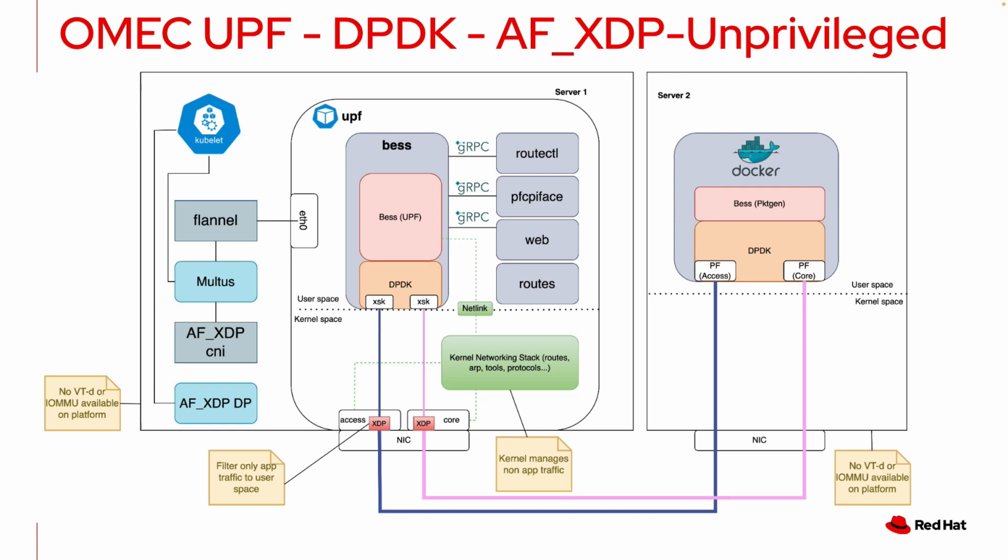Within the context of the AFXDP device plugin and the AFXDP CNI, we did all the BPF program management on our own. Additionally, when the DPDK pod came up, it connected back to the AFXDP device plugin over a Unix domain socket and performed a handshake in order to retrieve the XSKMap file descriptor that it needed to create the AFXDP socket.